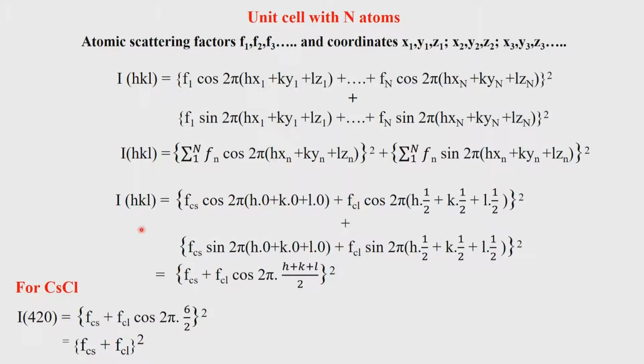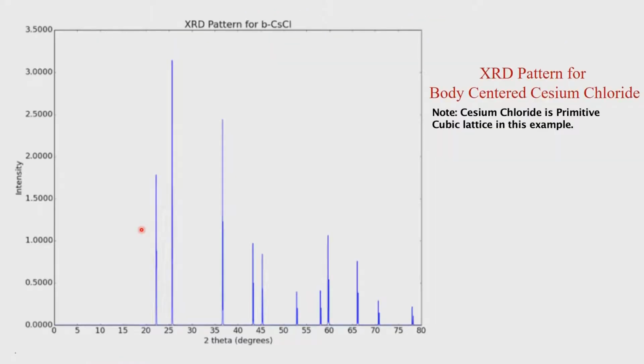Let me show you that plot. So, let us say this is the XRD pattern, this is in fact the simulated XRD pattern using the coordinates of cesium chloride. We have calculated all the contributions to the individual reflections. Since it is a powder pattern, you will see the lines. In fact, in a typical recorded powder pattern, each line will have a certain width.